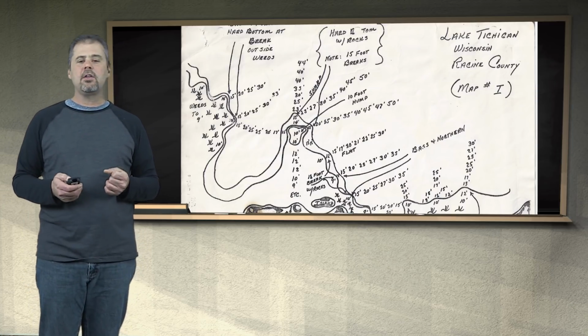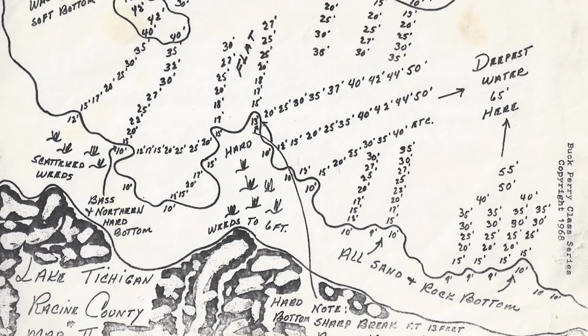Let's take a look at another map that Terry made. This is the same lake, Lake Tishigan. This is like the other end of it here, but you can see that he's got the break line shown around this area here. You can see that you got a bar that comes out. Again, he's got the weeds marked down here. Weeds is 6 feet. He's showing that it's a hard bottom at the end of this bar here.